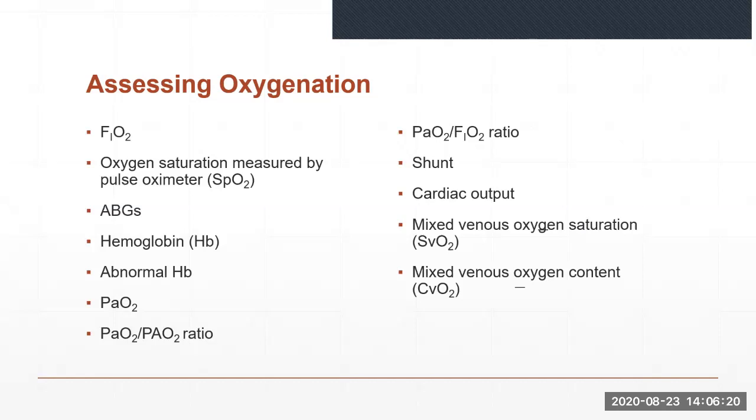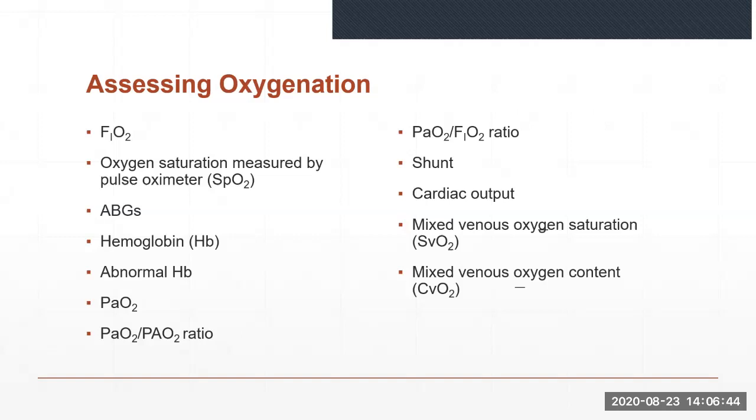So the most common parameters used to assess oxygenation status of patients are the FiO2, SpO2, ABG, hemoglobin, the presence of abnormal hemoglobin species, PaO2, your A-a ratio, PF ratio, shunt, cardiac output, SvO2, and CvO2.